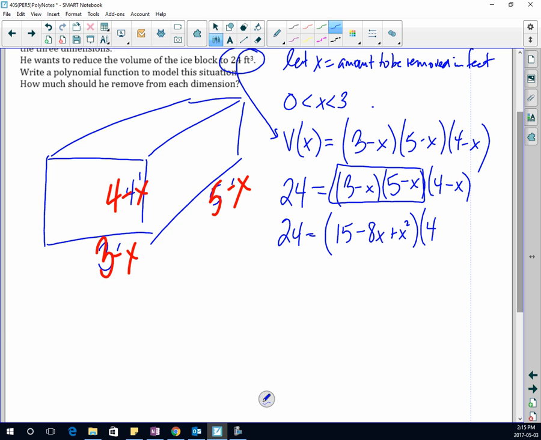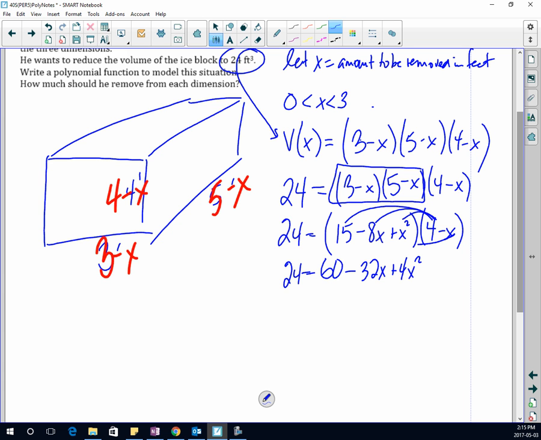And then I still have to multiply it by 4 minus x. When I multiply this now, does everybody see it's the distributive property? So I have to multiply 4 times 15, 4 times minus 8x, 4 times x squared, yes? So 24 equals 4 times 15 is 60. 4 times minus 8x is minus 32x plus 4x squared.